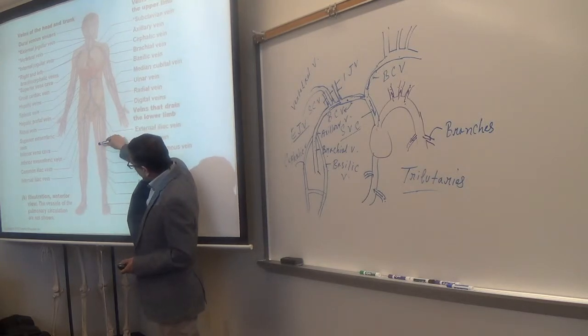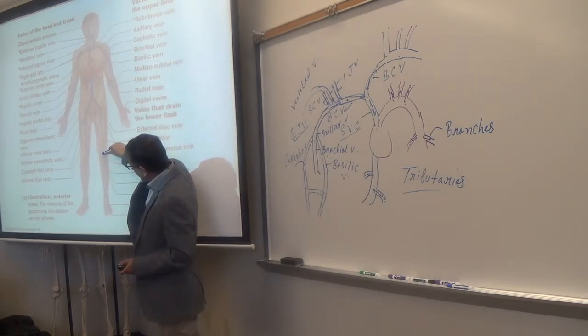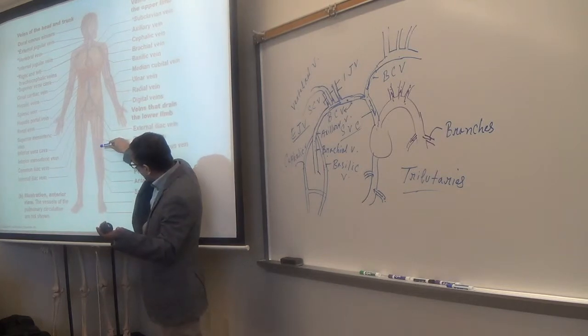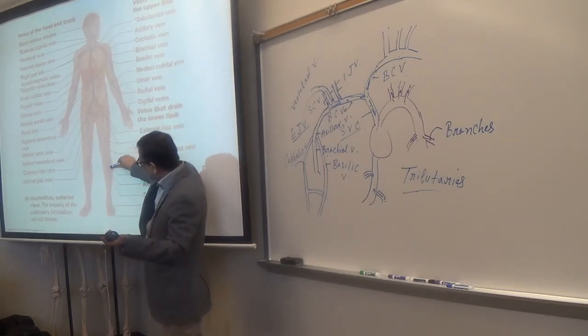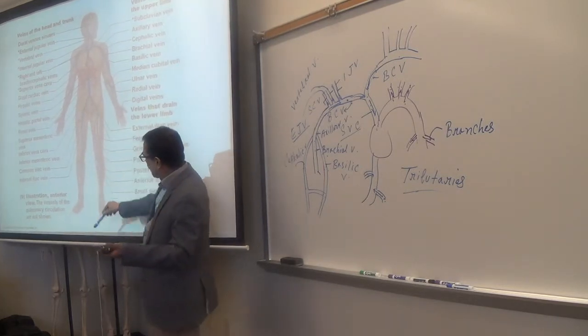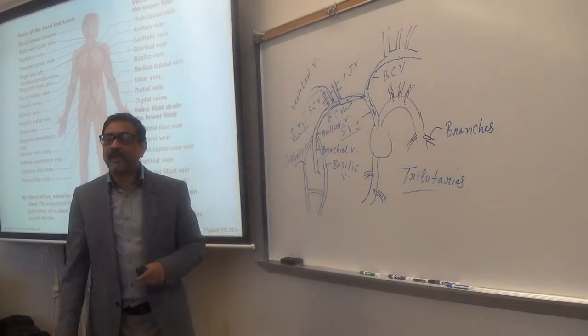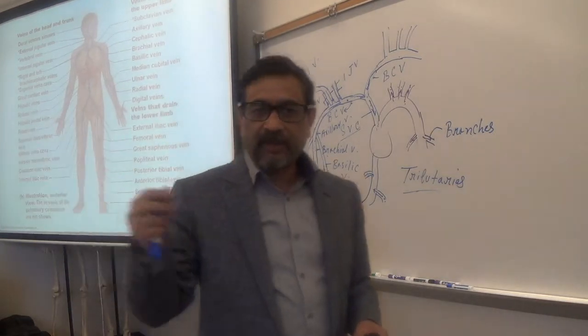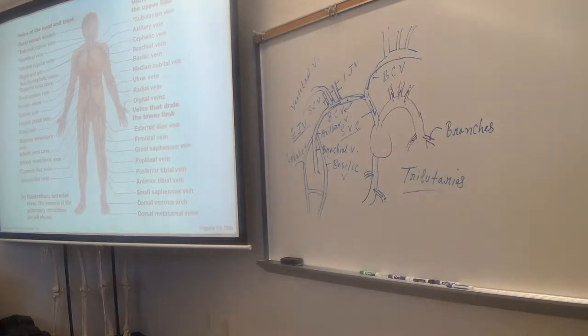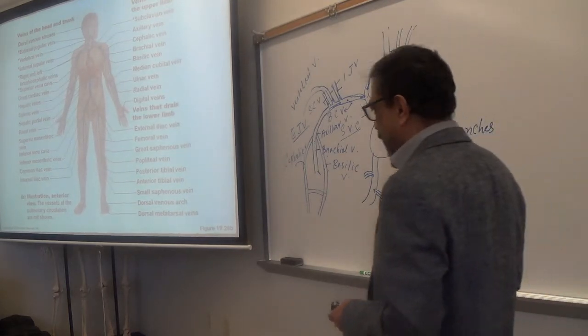Femoral, when it goes to the back of the knee area, becomes popliteal, and then it gives anterior tibial, fibular, and another one in the leg, which you didn't see in the arterial system, that is the small saphenous vein. So in your leg, you have extra, great saphenous and small saphenous.